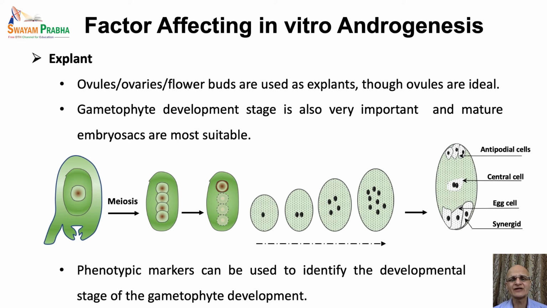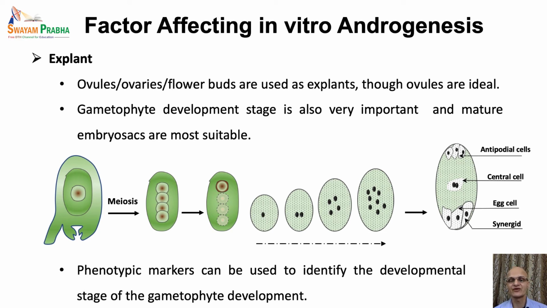Since it is difficult to identify the development stage of the gametophyte, several external visible markers have been used or associated with the development stage of the gametophyte, like the association of the pollen developmental stage with the development stage of the female gametophyte.